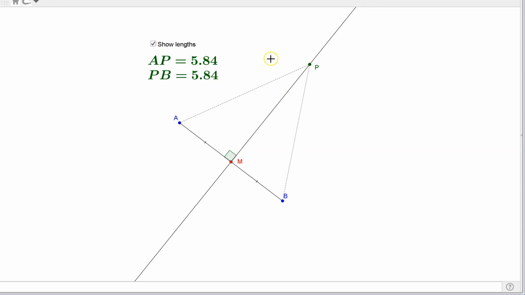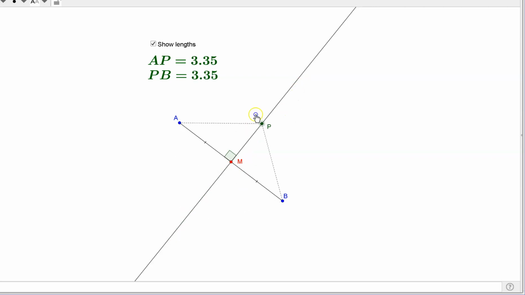So let me go ahead and show that to you. Okay, so watch what happens here. As I move point P along this line, this dynamic number right here is the actual length between points P and A, and the length from P to B. And you'll see that no matter where I move that point, those two numbers stay the same. What happens if I flip it down here?